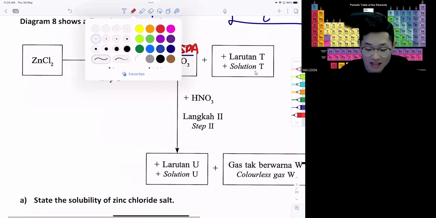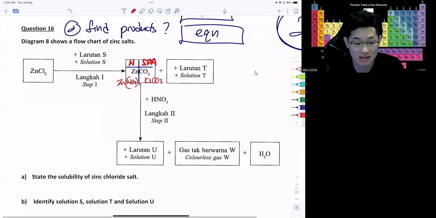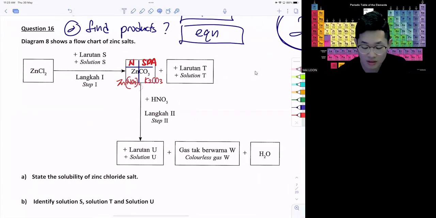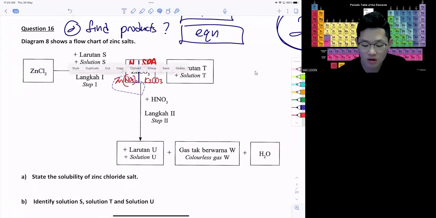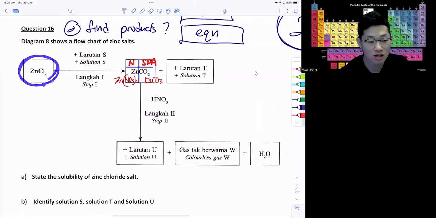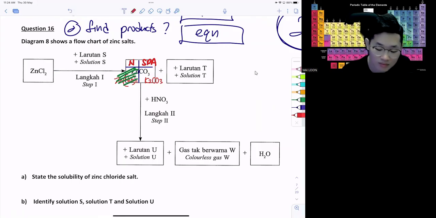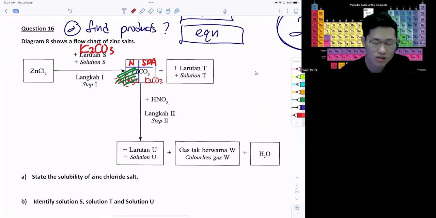So I'm going to get zinc nitrate, and it can be sodium or potassium carbonate. So I have two reactants here. Which one is the answer they want? You look at the first one here, zinc chloride. Zinc chloride already has zinc. So we don't need this part anymore. So all we want is the carbonate part. So the answer is K2CO3.